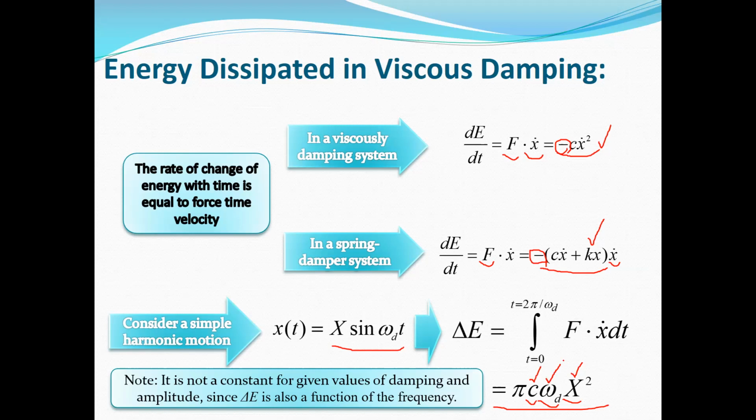So we prefer to find another form for the energy dissipated in a cycle, which should be a constant function, or at least a function of the characteristics of your system, such as the damping ratio.